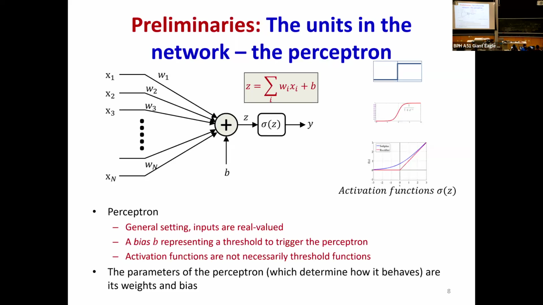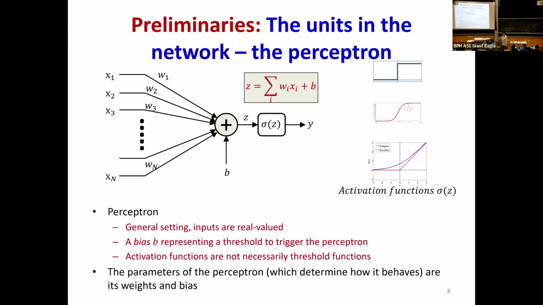Corresponding to each input was some weight. So it considered the weighted sum of inputs and compared it to a threshold. And if it exceeded the threshold, it fired. That was the most simple version of the perceptron. If you take one step further, you can think of the perceptron as computing an affine function of the inputs.